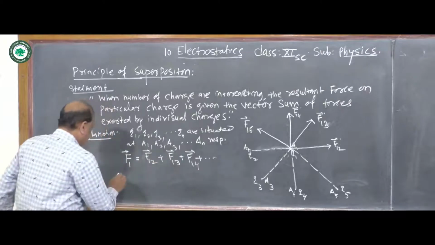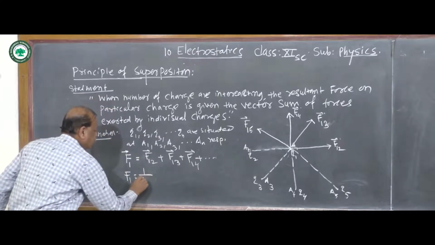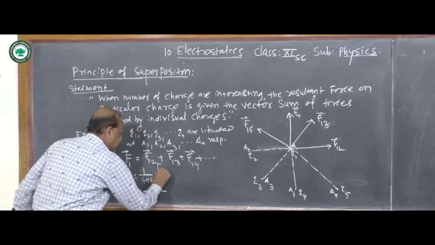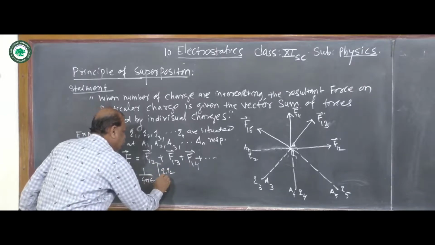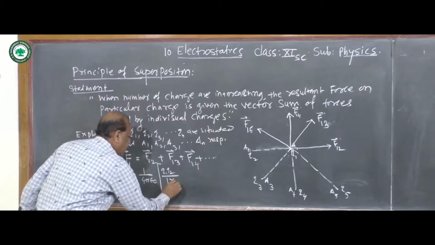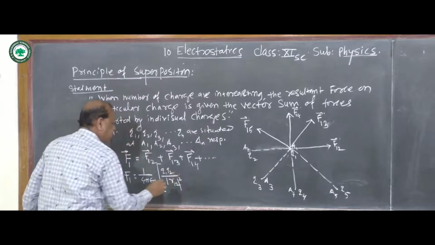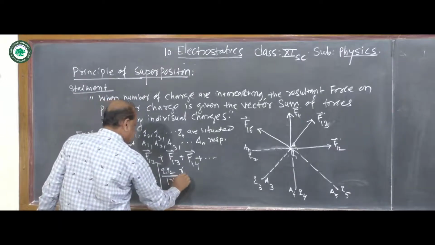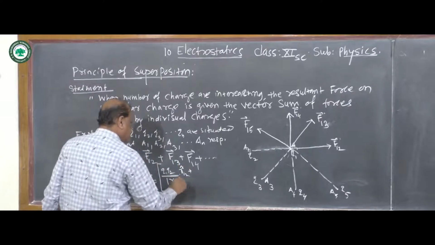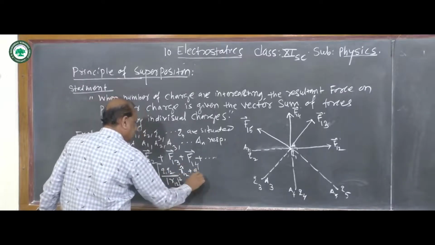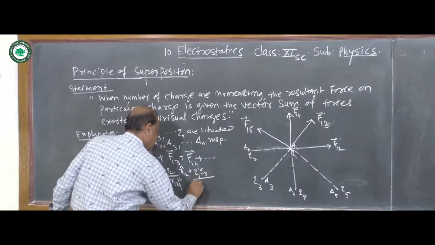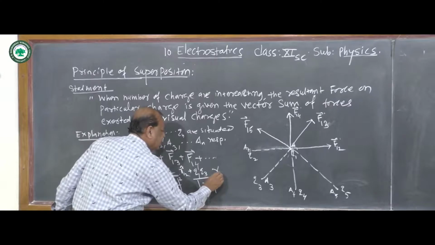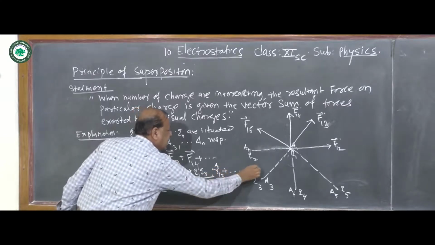And now we write this force F1 is equal to 1 upon 4 pi epsilon 0 in brackets, Q1 Q2 divided by mod of r12 squared into the unit vector r12 cap, Coulomb's law in vector form, plus Q1 Q3 divided by mod of r13 squared into the unit vector r13 cap, plus and so on.